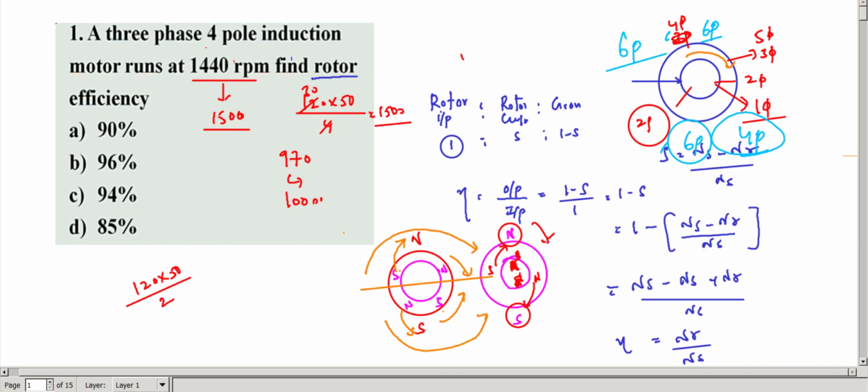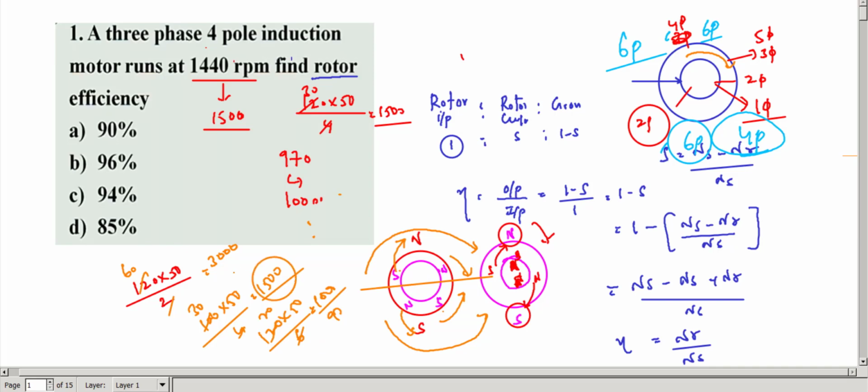Okay, so you can see here for two poles, 120 into 60 you get 3000 rpm. Suppose 120 into 50 by 4, you have 1500 rpm. So these are the synchronous speeds. 120 into 50 by 6, 1000 rpm. So what is the rotor speed here? Less than 1000 rpm. What is the rotor speed here? Less than 1500 rpm. What is the rotor speed here?